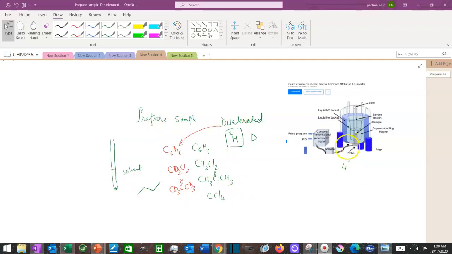And then all the protons in the sample are excited simultaneously, and they begin to come back to their original spin states.